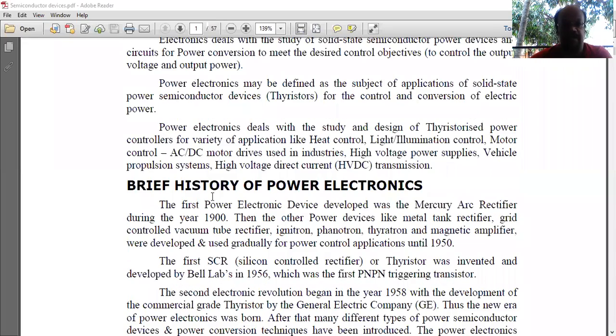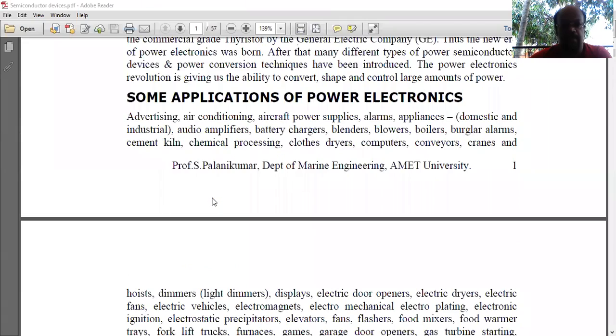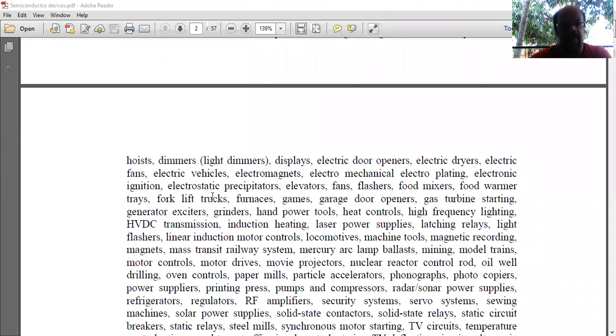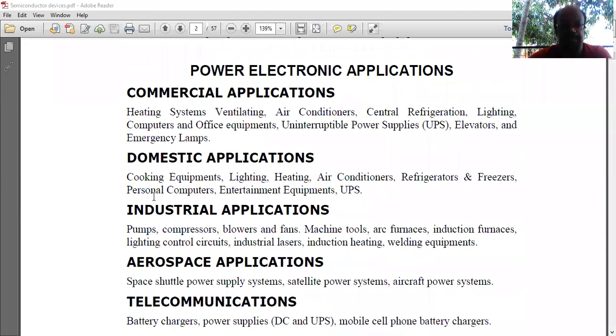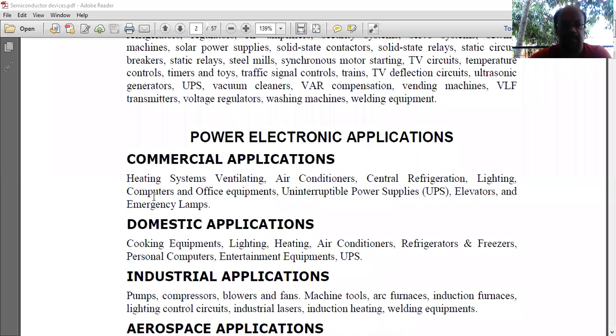So if you see the power applications area in commercial applications nowadays, it started some 30 years back: heating, ventilating, air conditioners, central refrigeration, lighting. For example, air conditioners automatically regulate the compressor power. Earlier there was no regulating method.